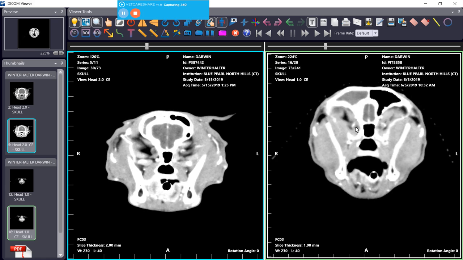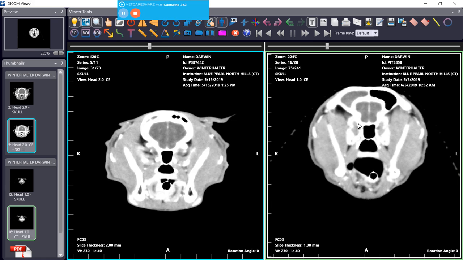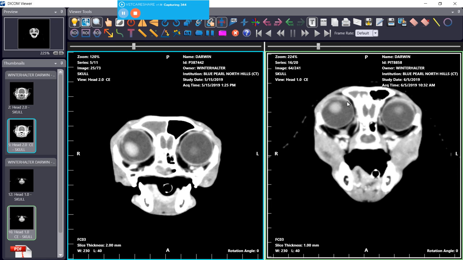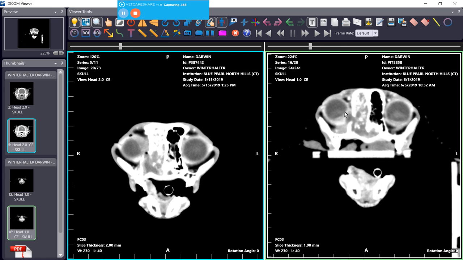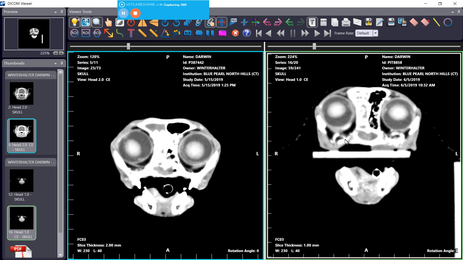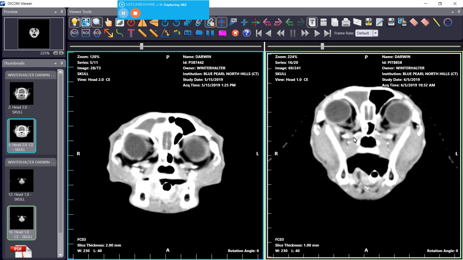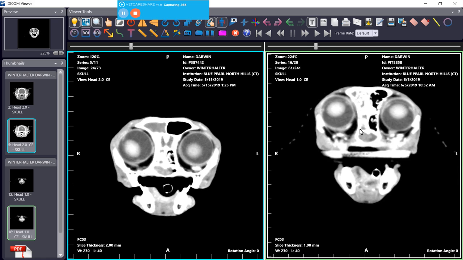So we may be able to be away from that optic nerve and optic chiasm, but the eye itself, we will try and do the best we can to keep the dose away from there, but it will get a little bit of dose. I imagine we have a small risk of getting some conjunctivitis or inflammation around the eye immediately following radiation therapy. But otherwise, we should be able to spare the oral cavity and be able to adequately treat the nasal tissue with minimal to no side effects.